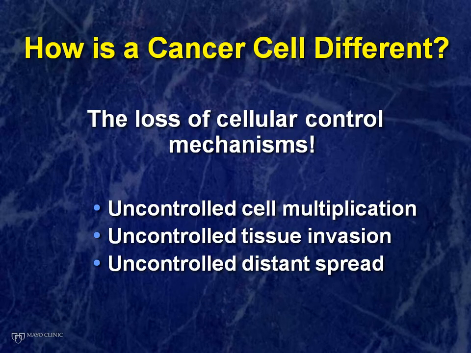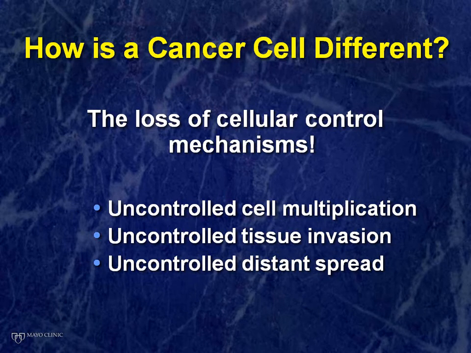So when I think about cancer, I think about, well, what makes a cancer cell? Why is this cell a cancer cell and not this cell right here? What makes it different? Well, they've lost that loving feeling. They've lost those control mechanisms, those normal things that make cells so very special.